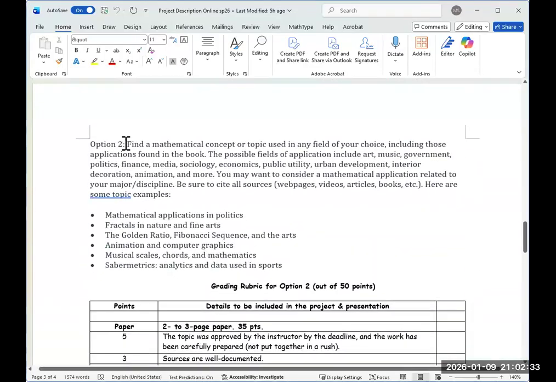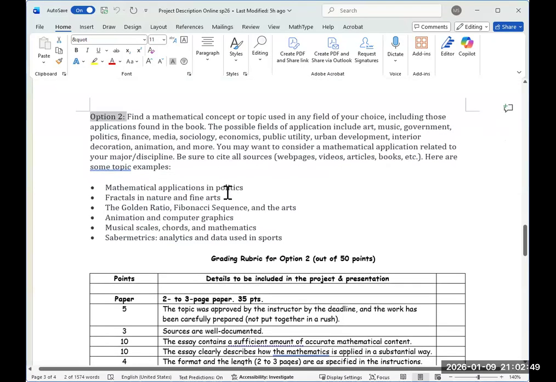Okay. Option number 2 may be something that you want to choose, and it's about any kind of mathematical application, right? That you may be using on your job or in your major field or whatever you may be interested in. So for instance, mathematical applications in politics, you may be interested in fractals and nature.